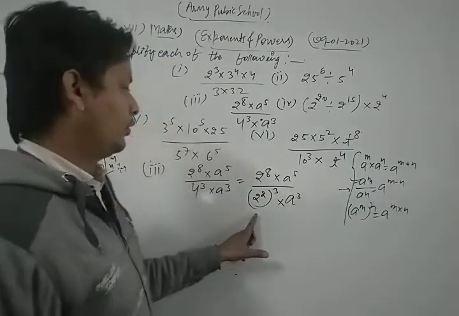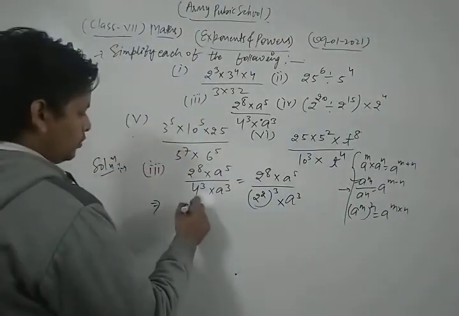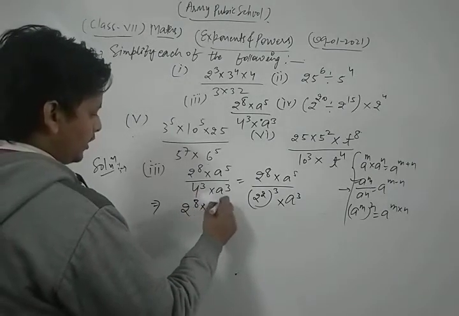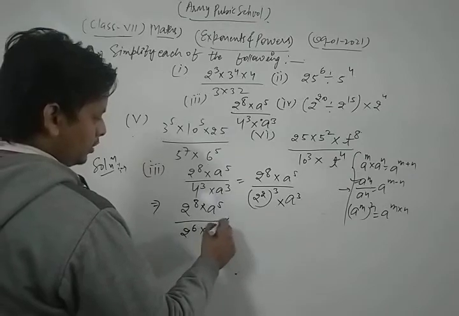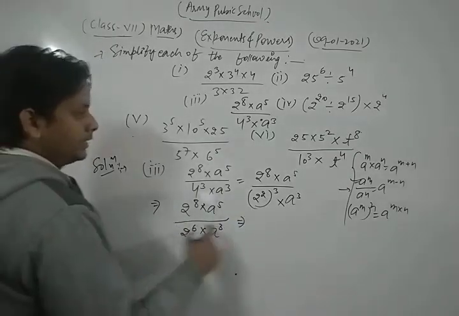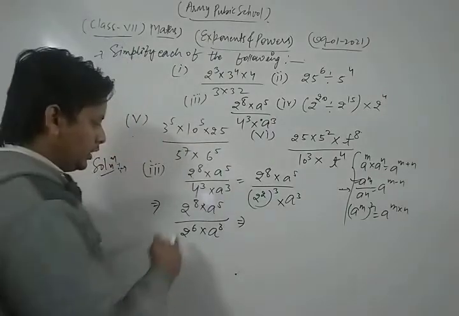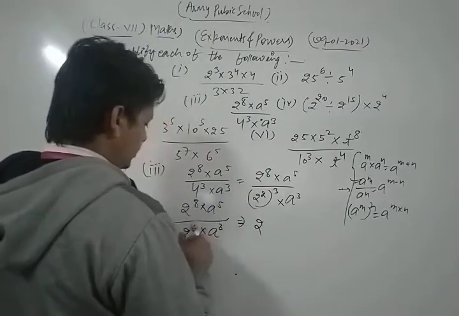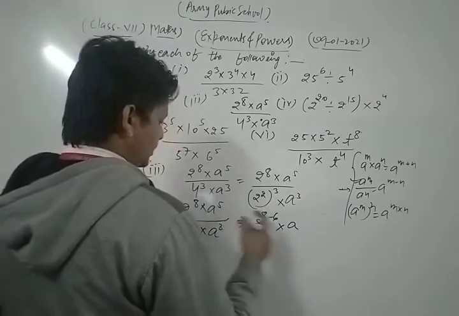Now we apply the laws of exponents, so we get 2 power 8 into a power 5 upon 2 power 2 into 3, that is 2 power 6, into a power 3. Now we apply the law a to the power m upon a to the power n, so we write 2 power 8 minus 6 into a to the power 5 minus 3.